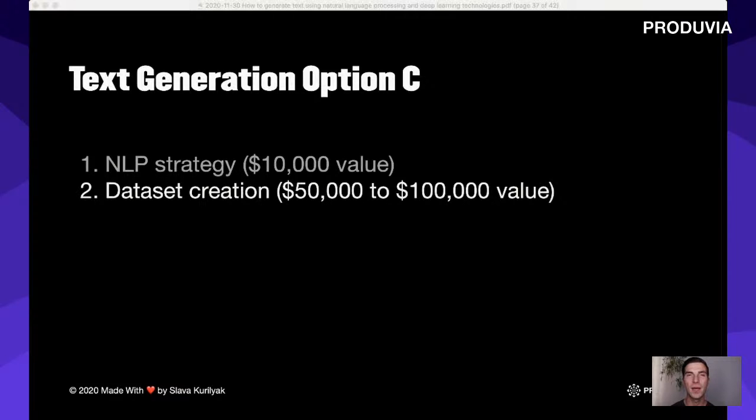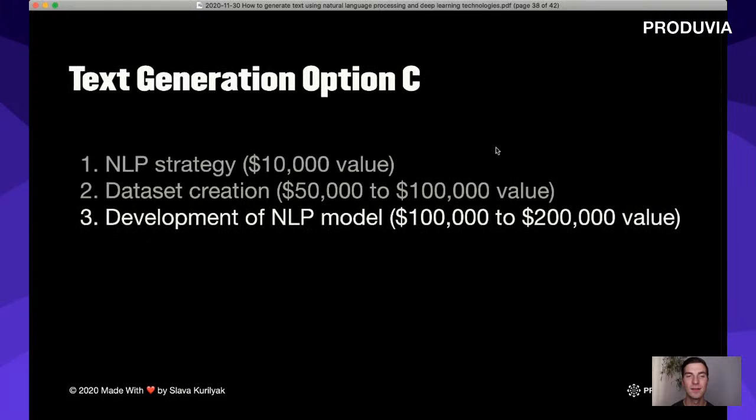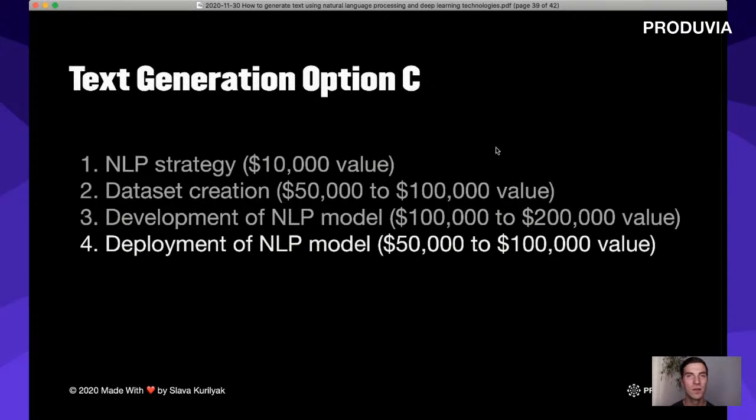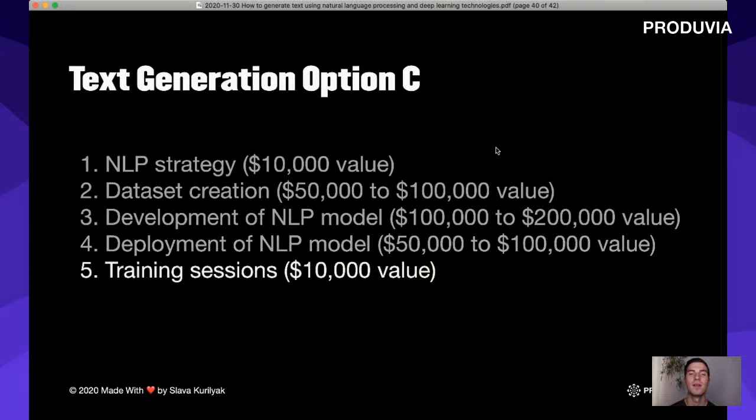We develop a custom data set. We develop the custom model, and now we deploy it. We make it live. This is at least $50,000 to $100,000 value. And more importantly, we train you and your team to make sure you derive the most value from this package.